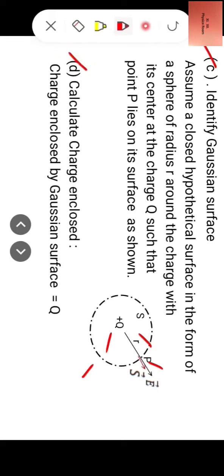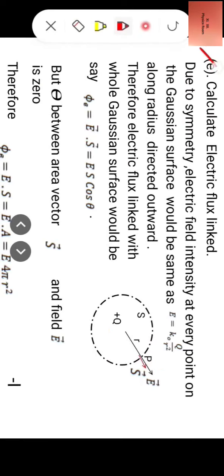D. Calculate charge enclosed. The charge enclosed by Gaussian surface is equal to Q. E. Calculate electric flux linked. Now, due to symmetry, electric field intensity at every point on the Gaussian surface would be same, E equal to K naught Q by r square along the radius directed outward. Therefore, electric flux linked with the whole Gaussian surface would be phi E equal to E dot S, or it is equal to mod E mod S cos theta.